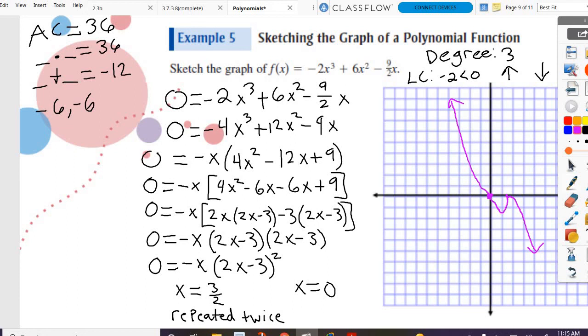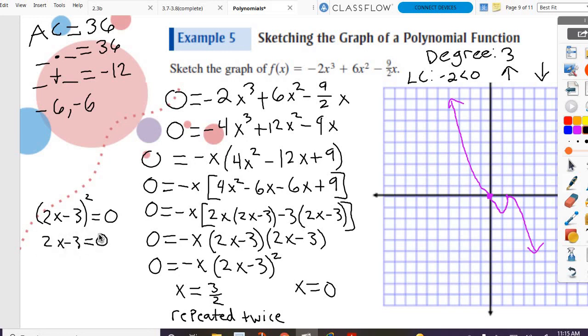Are we okay with that? Where did I get the 3/2? So if we set (2x minus 3) squared equal to 0, right? I would take the square root of both sides.